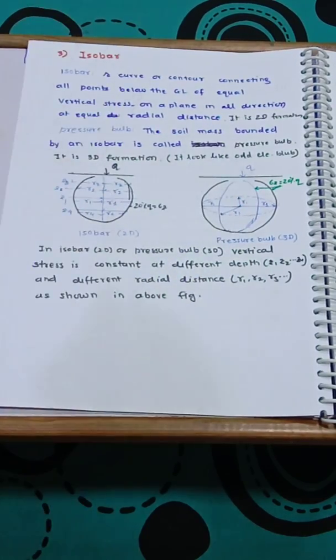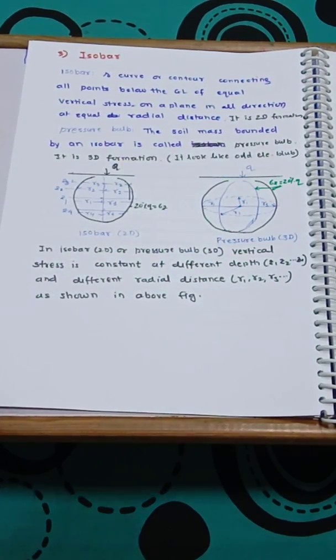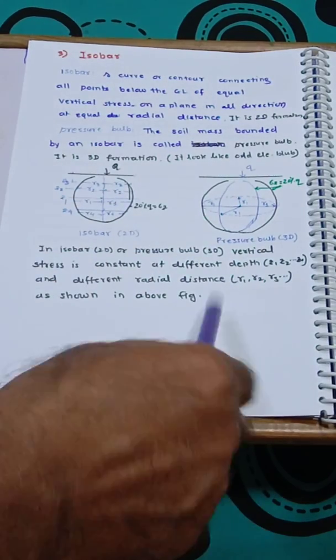This is a very important part in our settlement analysis. In settlement, what we consider is that this is the mass which is possibly involved in the settlement, which is correctly obtained from this pressure bulb. So this explanation is given here.